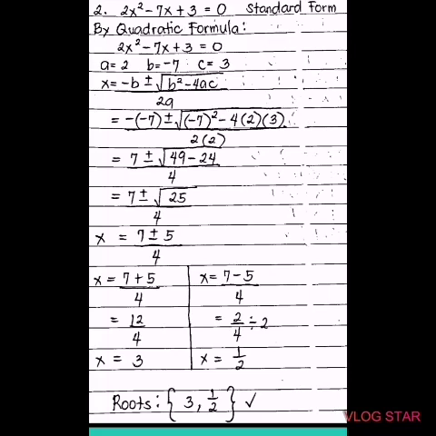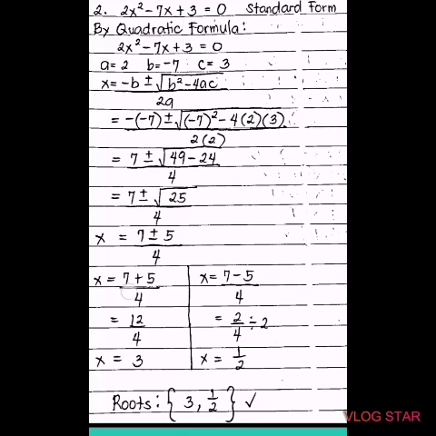And now, we're going to equate this with positive 5 and negative 5, to get the values of x, or what we call the roots of the given quadratic equation.